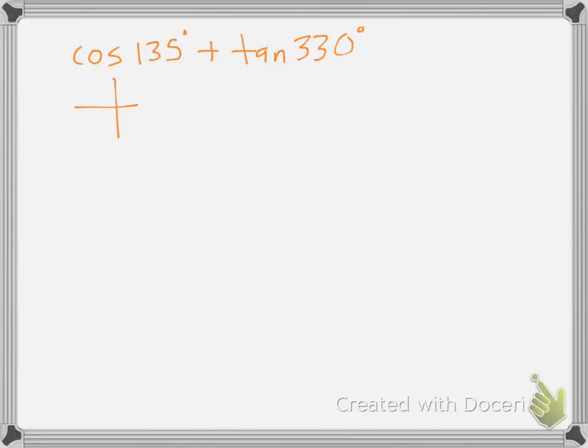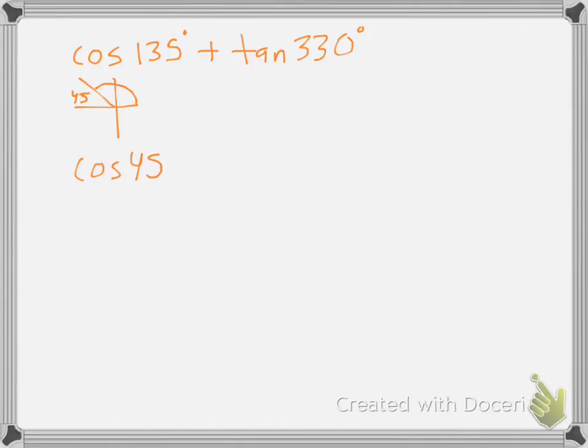Guys, we stop and think. Where is 135? 135 is in the second quadrant. 135 has a reference angle of 45. So that means cosine of 135 is the same thing as cosine of 45.